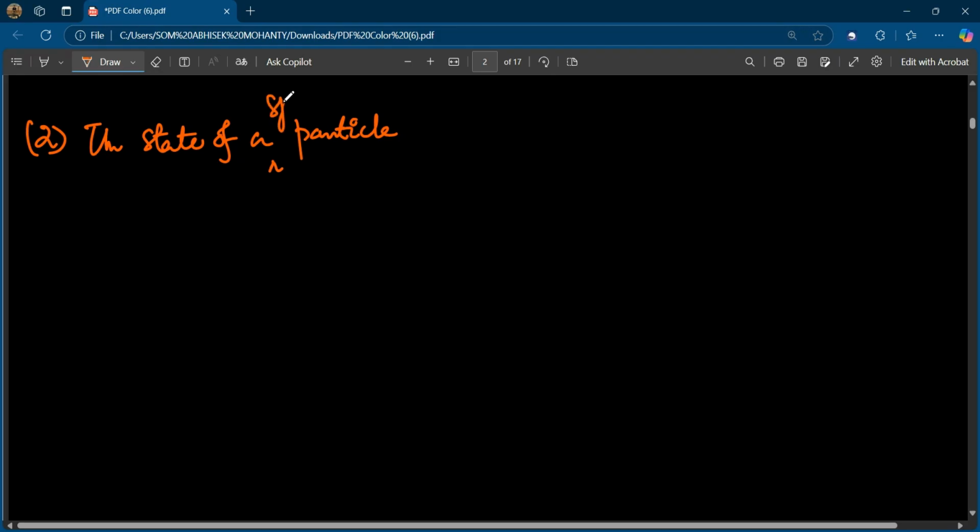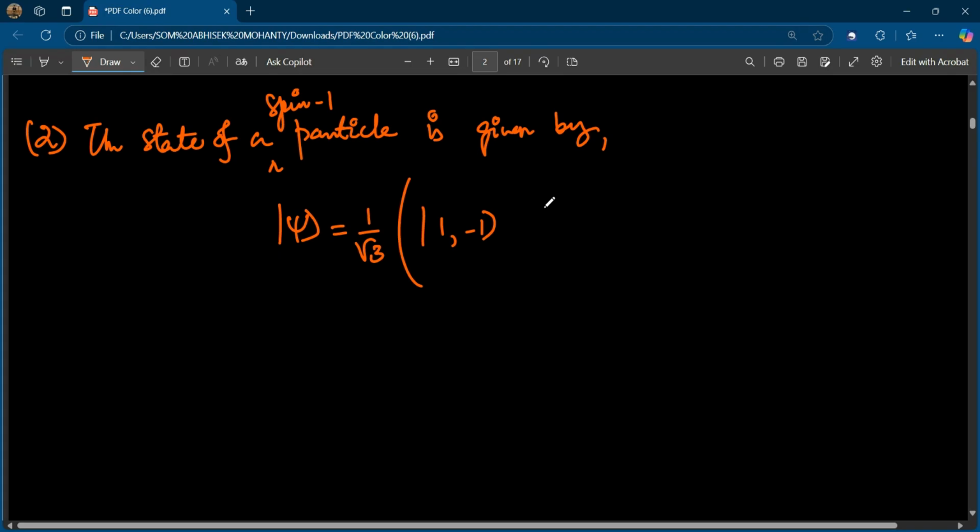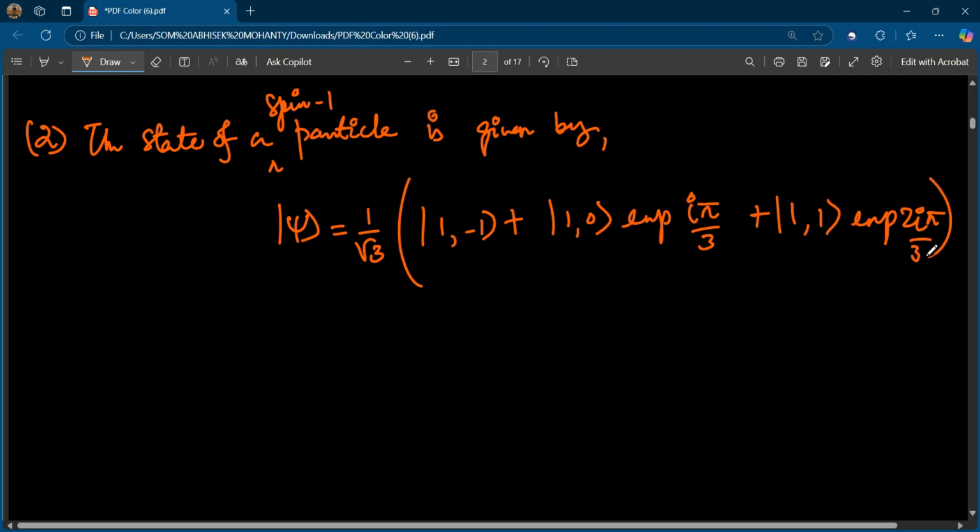State of a spin 1 particle is given by psi is equal to 1 by root 3 [|1,-1> + |1,0> exponential i pi by 3 + |1,1> exponential 2i pi by 3]. Okay.